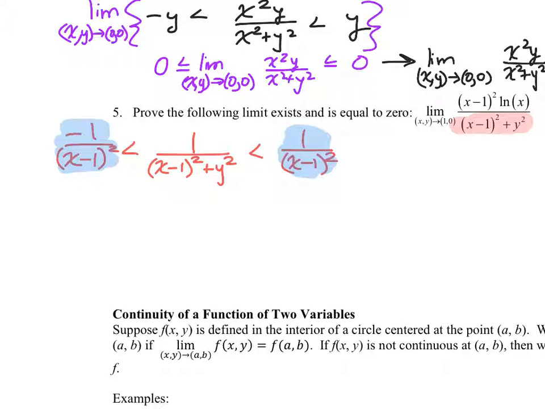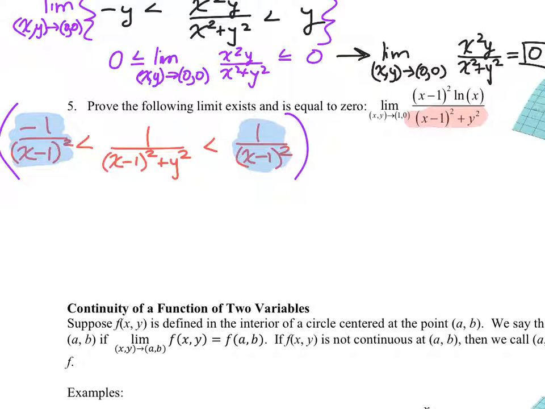The idea is that if I could find the limit of the two outer functions, if they turn out to be the same, then they will have squeezed together, they will have merged, and then whatever is in between those two functions would have to also merge. The only thing is, this middle part of the inequality isn't what the limit question is asking about. So I just have to make a couple of adjustments, and then I'll be able to apply my limit.